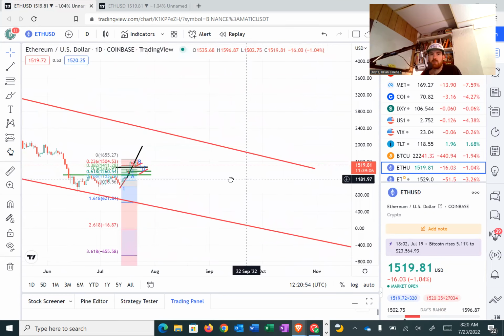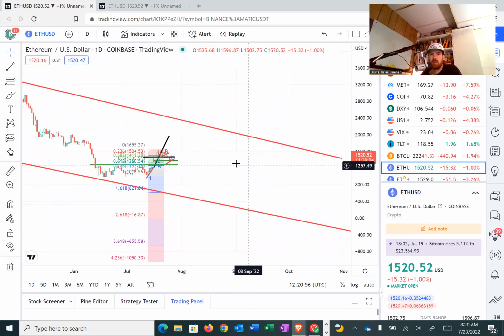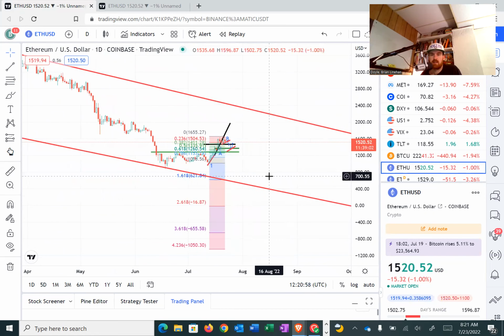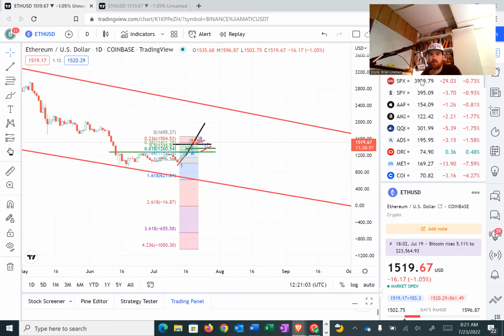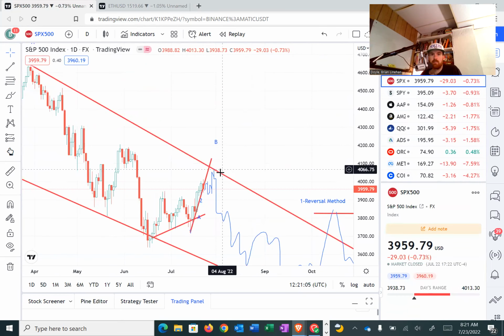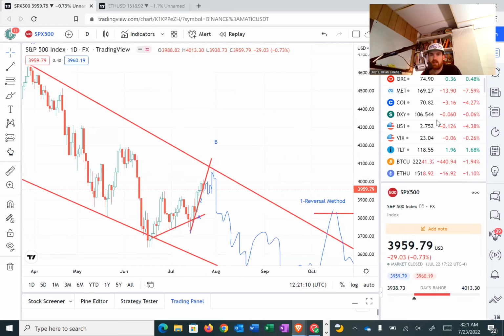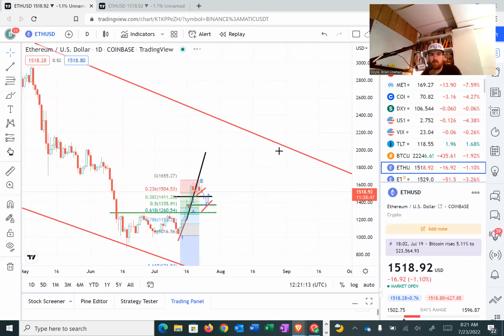The reason that I'm accumulating at that low is because I think it's going to happen soon. And I think that if the S&P comes up here and does make a higher high, maybe we get an ETH pump. Maybe I can sell into that trend line up here, because the merge is coming.